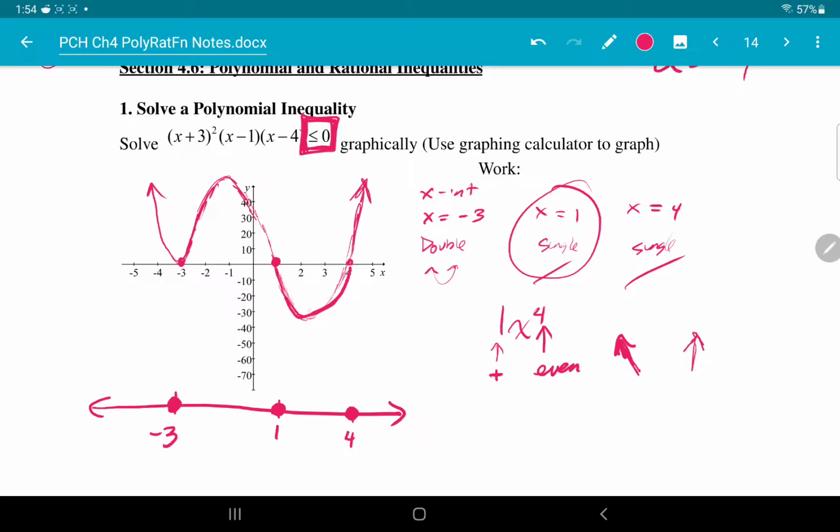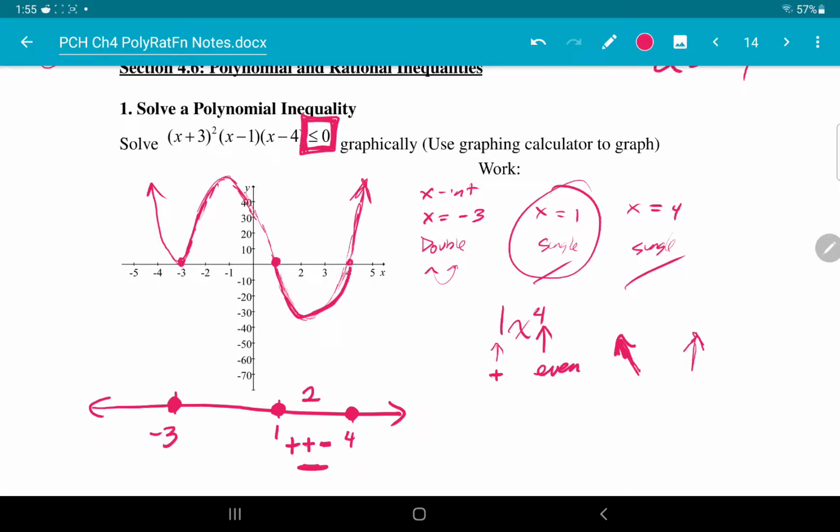Let's just do it for the part that actually does work. If I test a value like 2, then I plug in 2 plus 3 squared is positive, times 2 minus 1 is positive, times 2 minus 4 is negative, and positive, positive, negative will give us a big negative area.